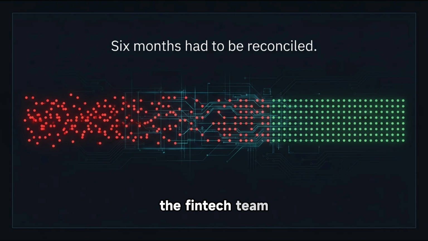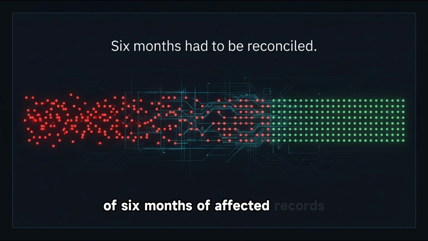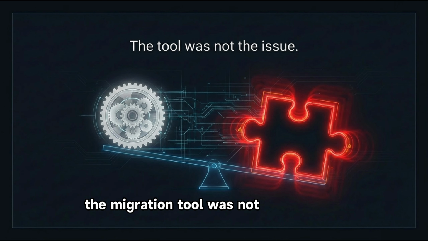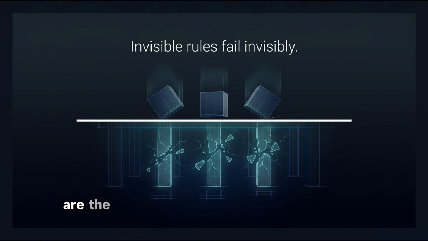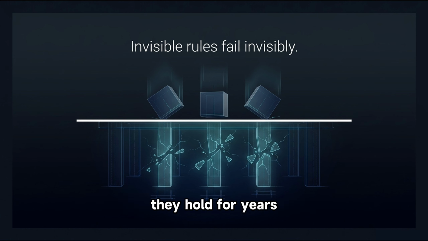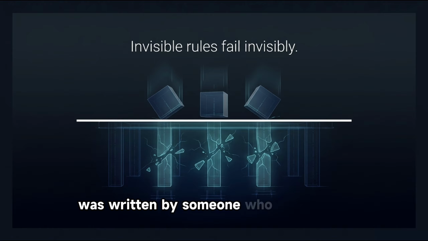The fintech team rebuilt the missing offsetting entries from transaction logs. The correction required a full reconciliation of 6 months of affected records and took several weeks. The migration tool was not the problem. The absence of any record that the invariant existed was. Consistency invariants are the rules your system silently depends on. They hold for years because every code path that writes the data was written by someone who knew them.